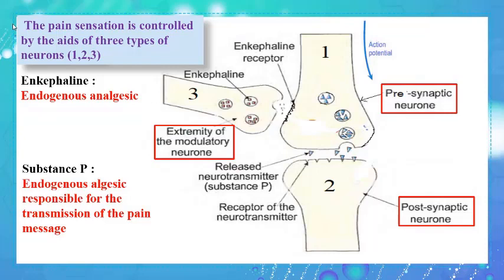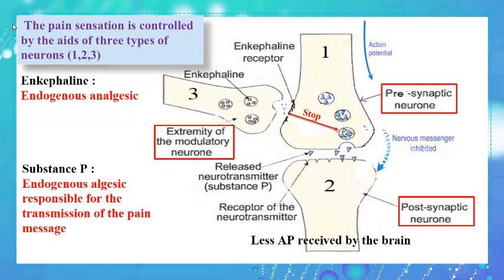Now, if enkephalin molecules are released from the extremity of the modulatory neuron and bind on their receptors on the presynaptic neuron, then they stop the release of substance P from the presynaptic neuron, and thus the nervous message to postsynaptic neuron 2 is inhibited, which consequently permits less action potential to be transmitted to the brain and surely less pain feeling.